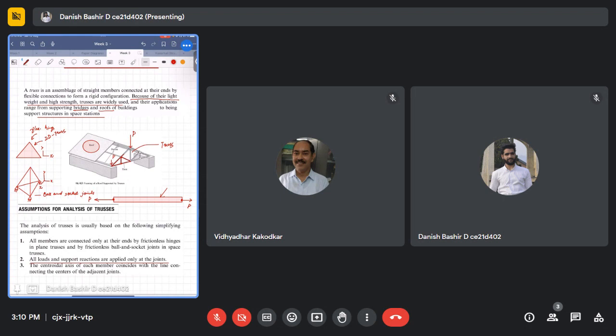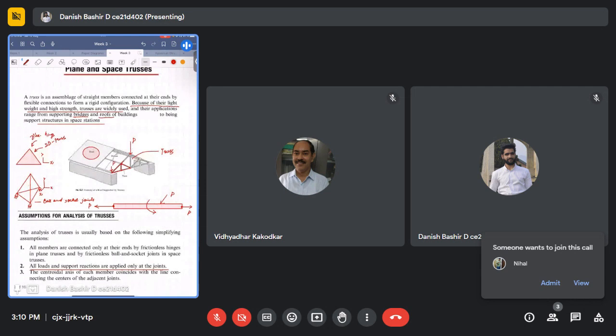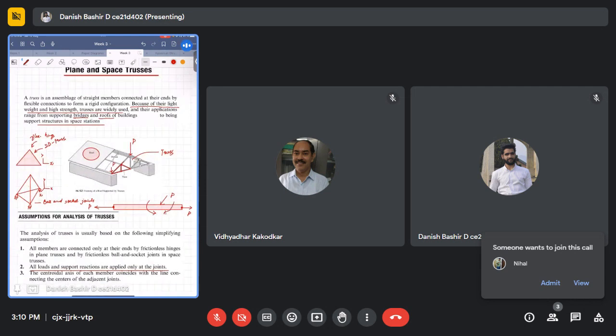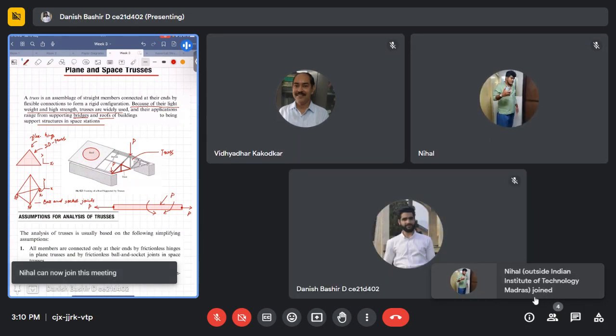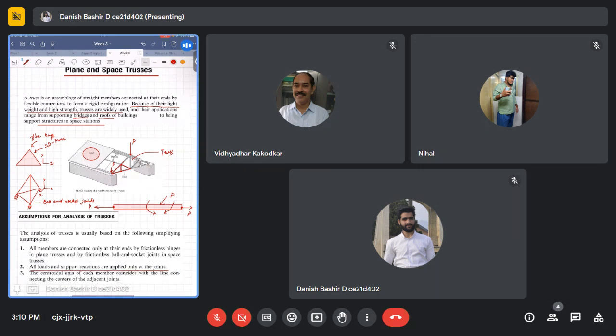You know that if this load was applied here, it would cause bending in this structure. And we will not tolerate this bending in these small sized structures. That's why it's important we apply the loads only at the joints of these structures.